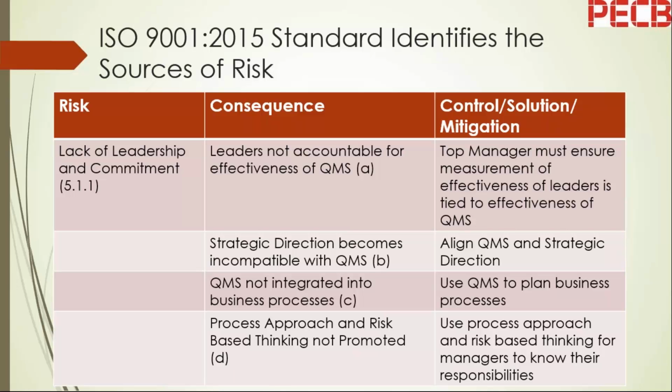requirements. Thank you. The next question is, there is a concern about the third-party auditor's interpretation of the new standard. Some auditors demand documented evidence, procedures, and records, and refuse to believe that action has been taken without documentation. What do you think auditees should do in order to convince them?